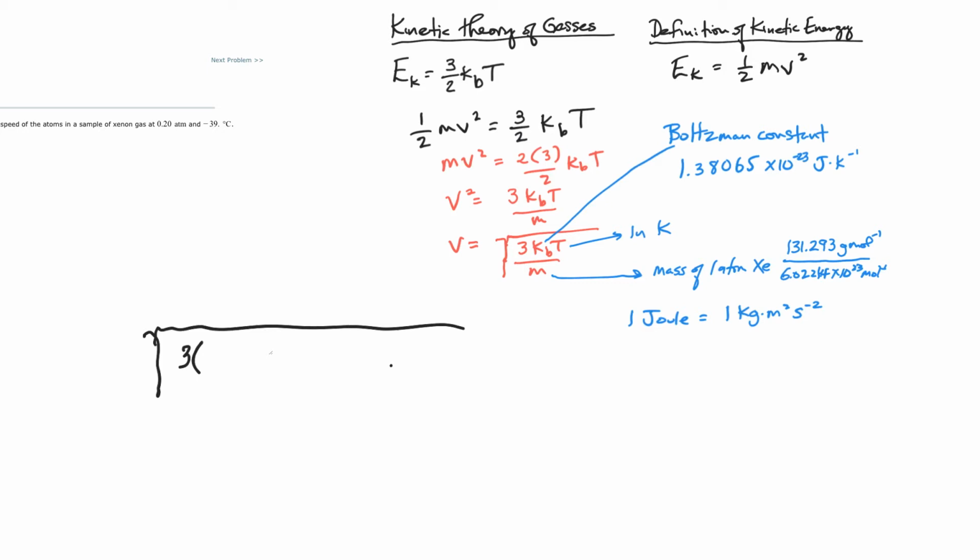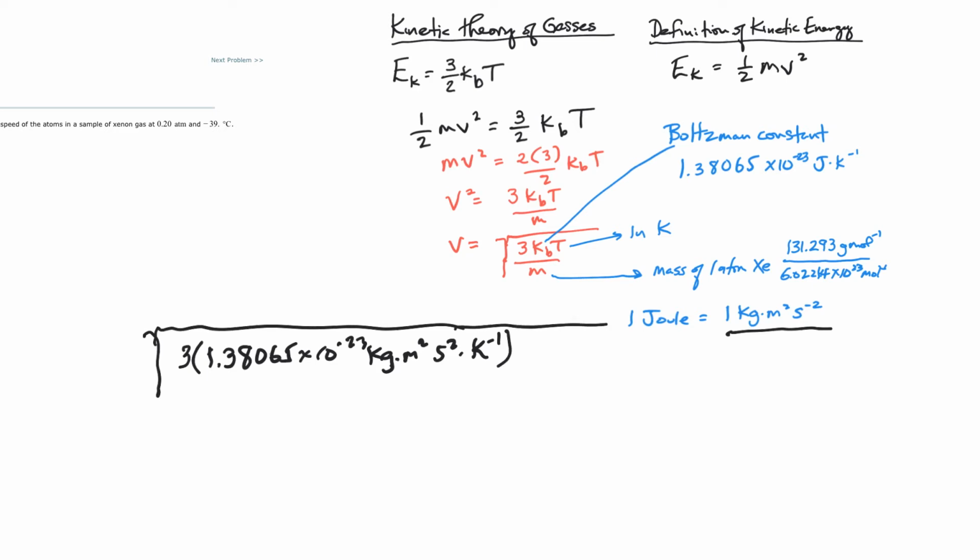I want to put it in its equivalent, so instead of joules I'm going to use this in place of the joule because I want meters per second. It's the same number: 1.38065 times 10 to the negative 23 kilograms meter squared per second squared per Kelvin. Okay, that is Boltzmann's constant.